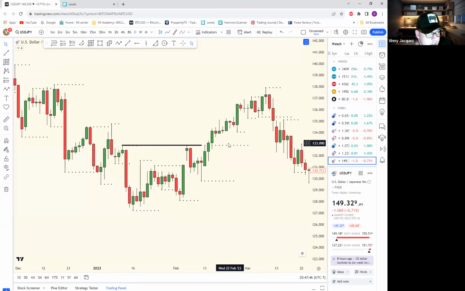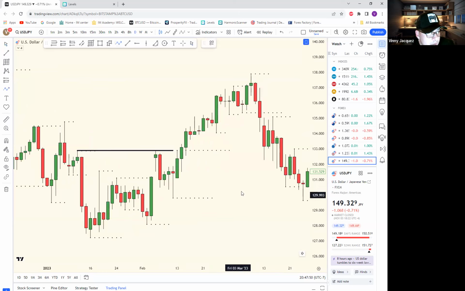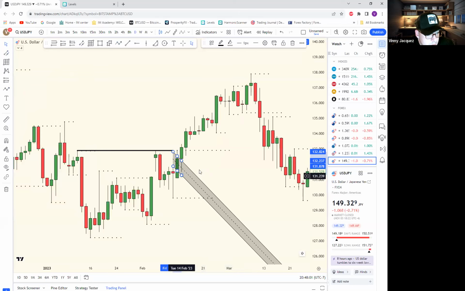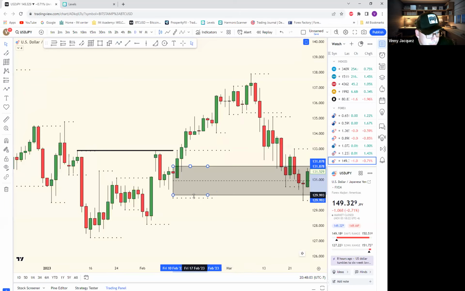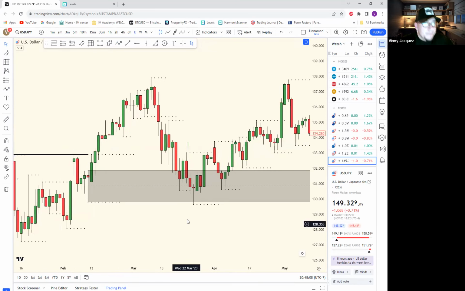Cool. So where's our starting point? Where's our demand zone? If we have this rally that broke above, right, this last selling candle is going to be our demand zone. Look at this, Ricky.